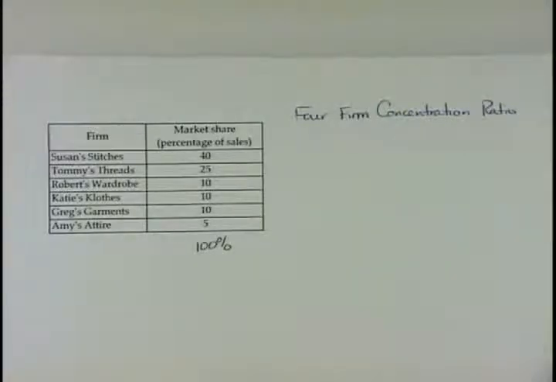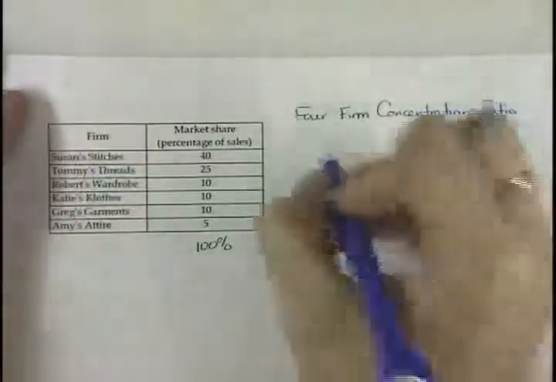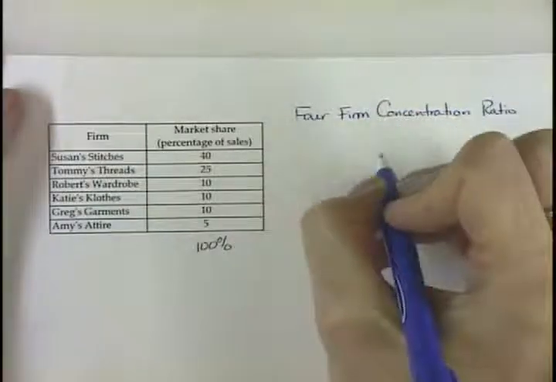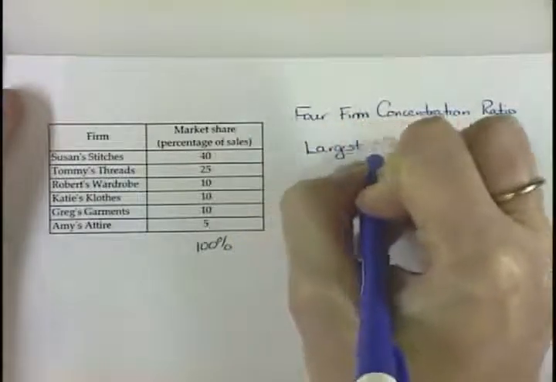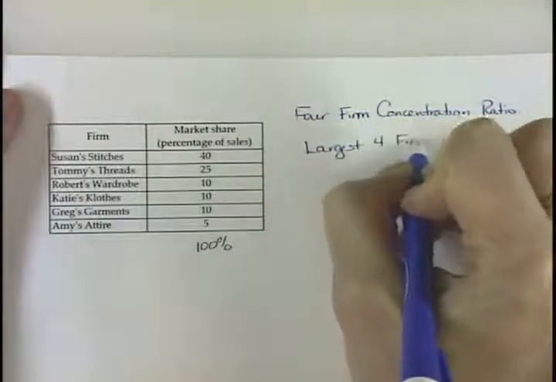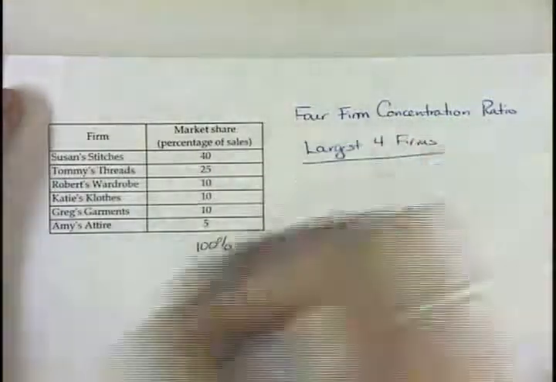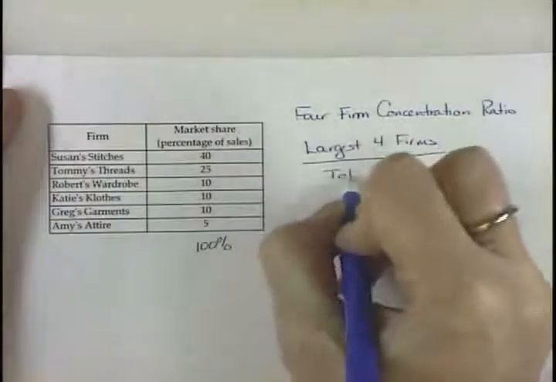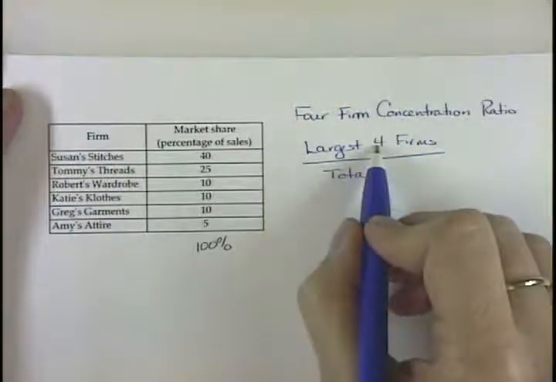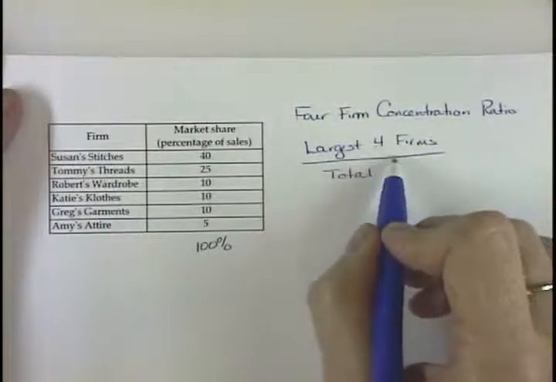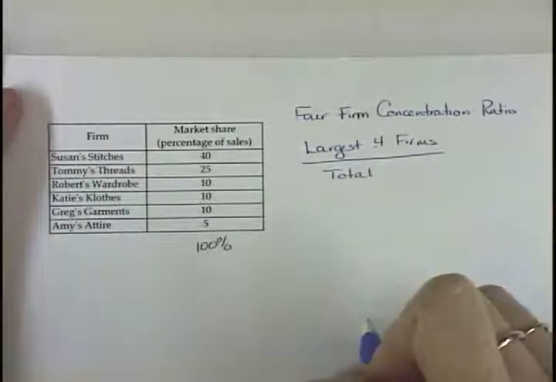Okay, when I say top 4, I mean the largest 4. So to calculate this 4-firm concentration ratio, we're going to take the largest 4 firms and divide that by the total. Okay, the total percentage. So what percentage do the largest 4 firms have, divided by the total percentage.